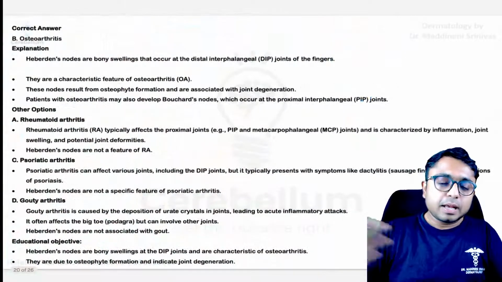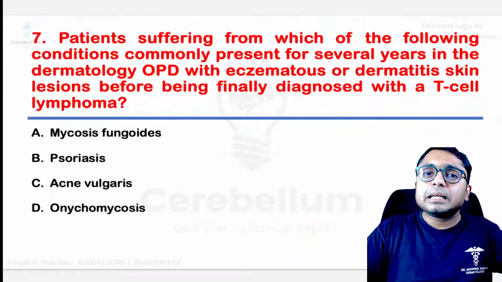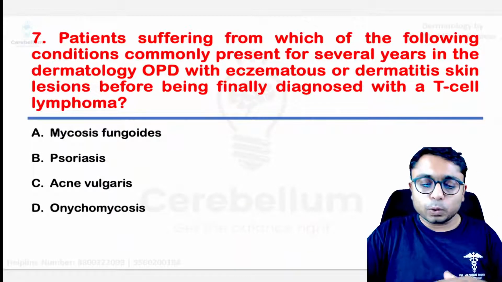So here OA is osteoarthritis, H is Haberden's, which is going to involve the distal interphalangeal joints, and B is Bouchard's, which is going to involve the proximal interphalangeal joints. So I hope with the help of this you can remember OA. You are looking at HD image of Bipasa. You can remember all these nodes where they are present. Otherwise, Haberden's high, Bouchard's below.